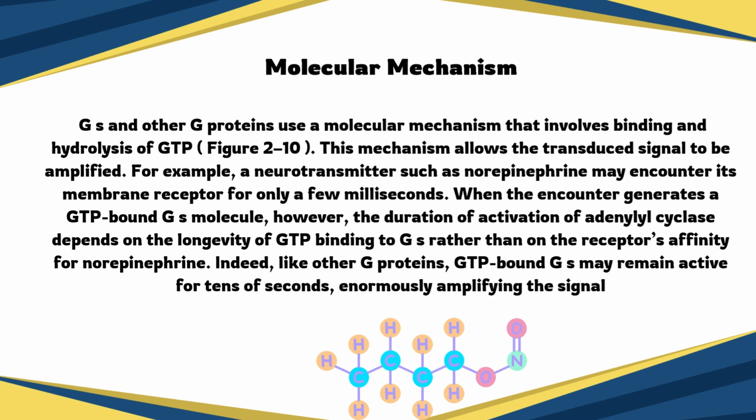When the encounter generates a GTP-bound Gs molecule, however, the duration of activation of adenylyl cyclase depends on the longevity of the GTP binding to Gs rather than on the receptor's affinity for norepinephrine. Indeed, like other G proteins, GTP-bound Gs protein may remain active for tens of seconds, enormously amplifying the signal.